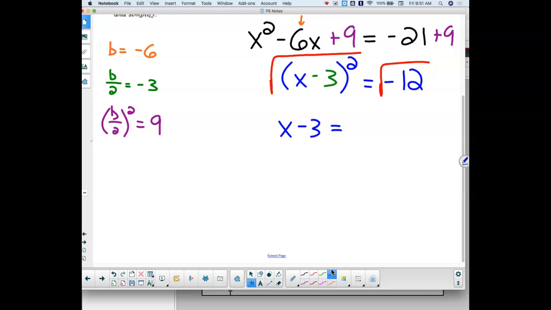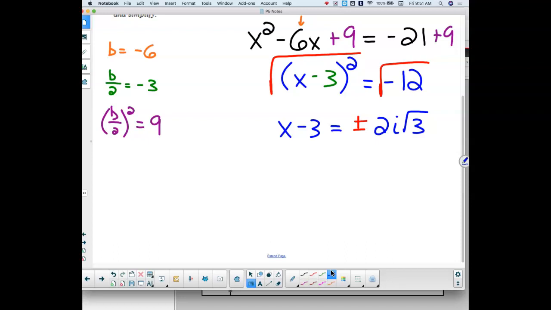Close. Ding, ding, ding. Bingo, bingo, bango. Anytime that we take an even root, we got to remember that plus or minus on it. Okay? Think about it this way. Yes, 5 times 5 is 25.